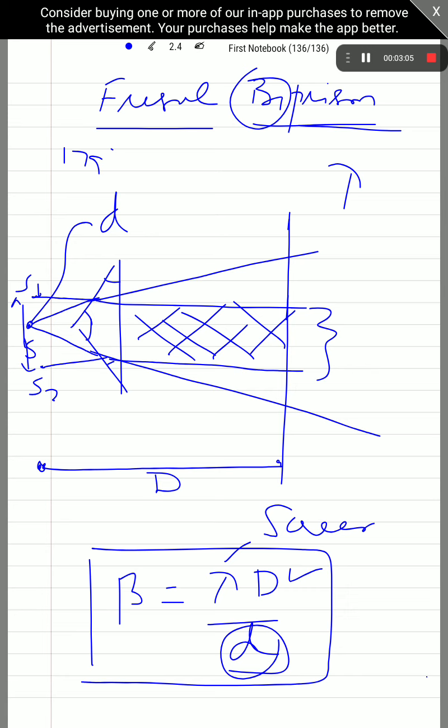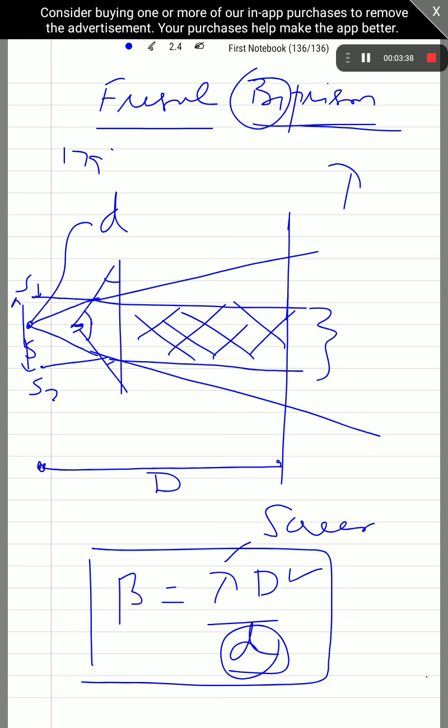To perform this experiment, what we require is the following. We should have a monochromatic source S of wavelength lambda. The sources S1 and S2 are made up of the single monochromatic coherent source, and the important thing is the alignment. The source should shine on the sharp edge of the prism.